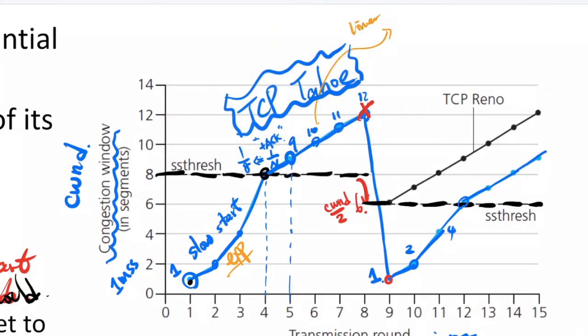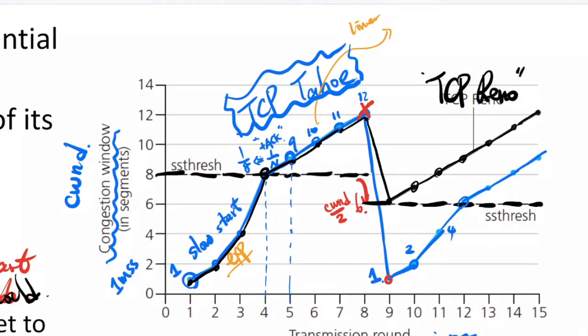And again, here is another black line right here. And actually, it should connect like this. And it is called TCP Reno. TCP Reno is another version of TCP. It takes another strategy: when you experience a loss, you don't have to decrease your congestion window to 1 MSS.